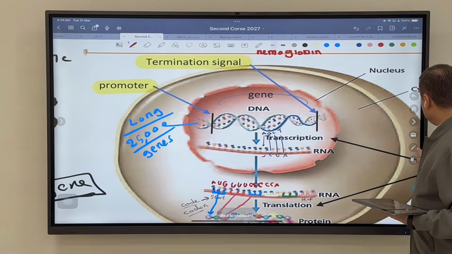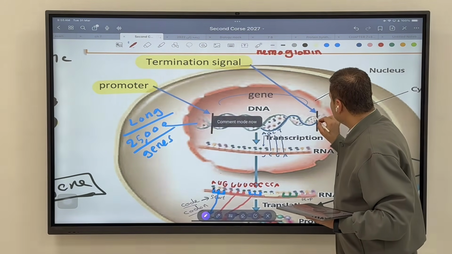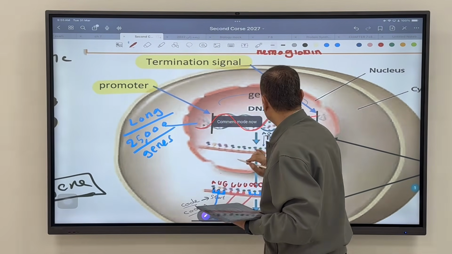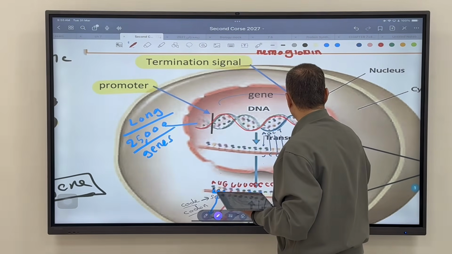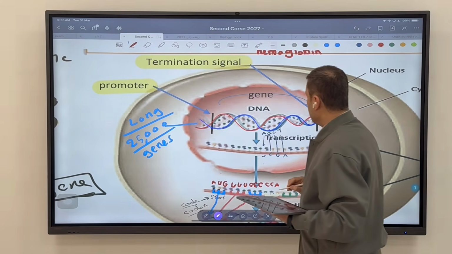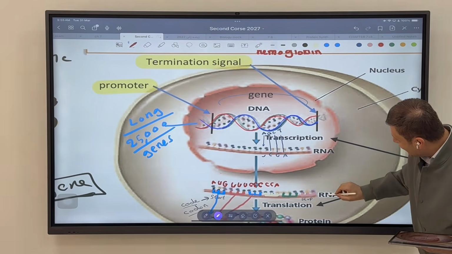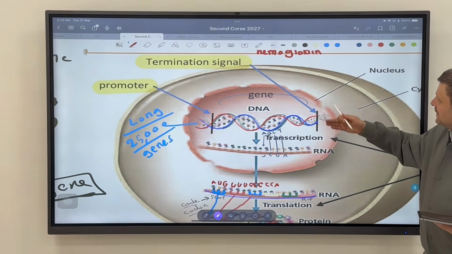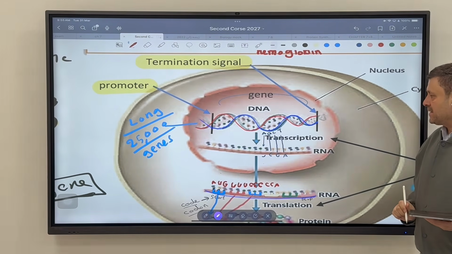First, you have to know that DNA is a double-strand molecule. But RNA is only a single-strand nucleic acid. Double strand, single strand, first.